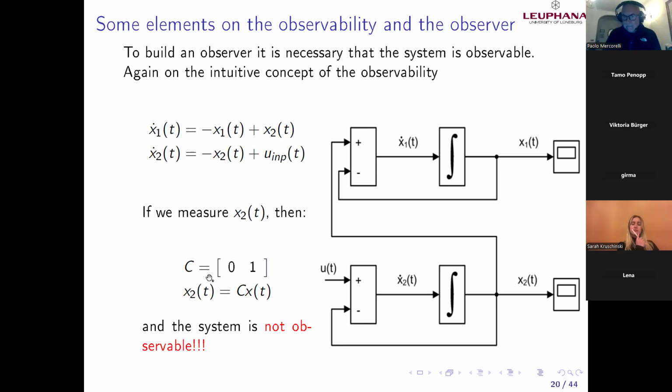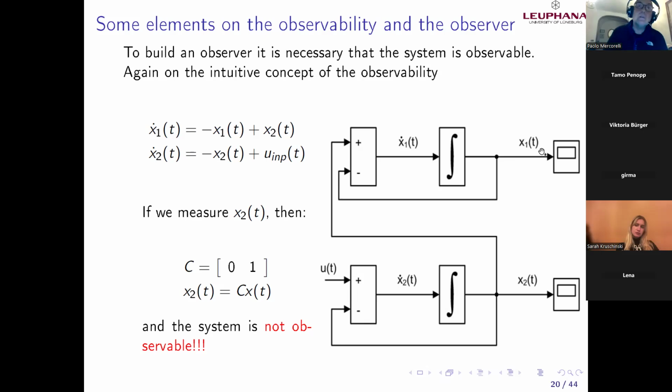Once we understood this, I come back to another example. Look at this now. If I measure x2, try to imagine that I put my instrument here. If I measure x2, it seems that there is no possibility to obtain information about x1, because from here I have no idea what happens here.